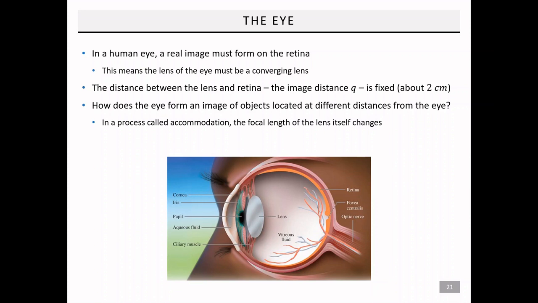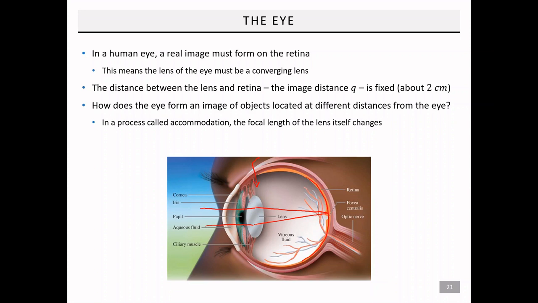In the front of the human eye, there is a lens. Along the back of the human eye is the retina. When images form on the retina, the signal is transmitted to the brain, and this is how you see. In order for an image to form on the back of the eye, horizontal light rays must be bent together and focused into an image on the retina.